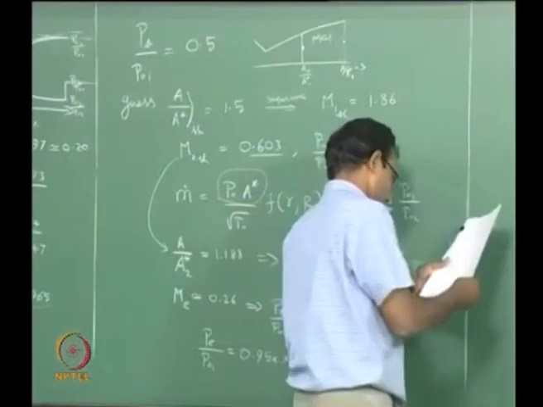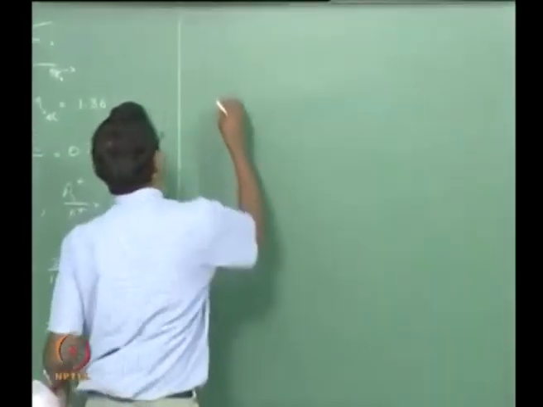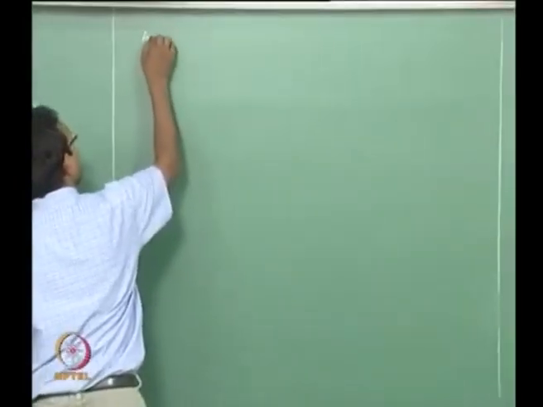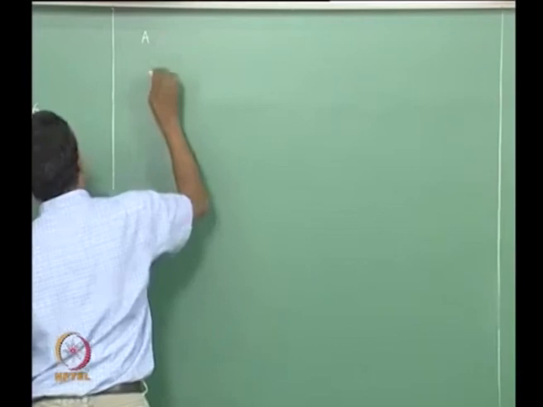Since it is an iterative process, you have to go over a particular table. I will call it A shock, I think.